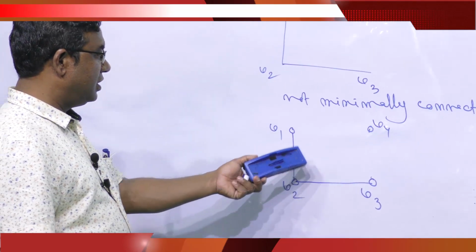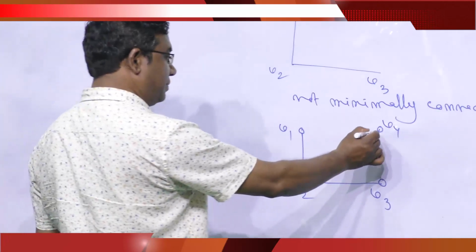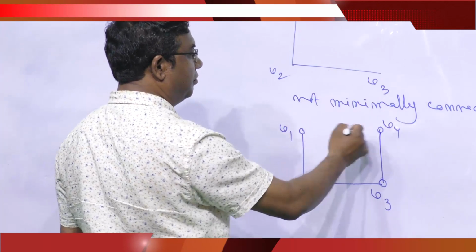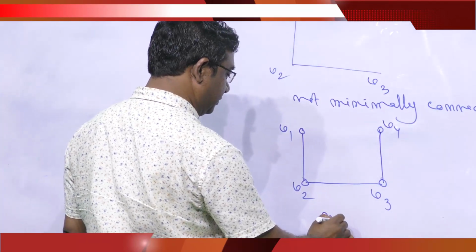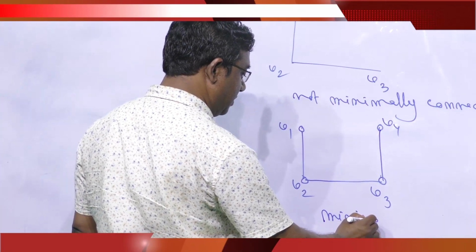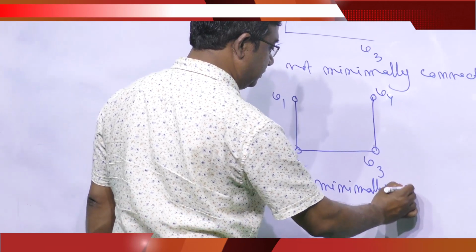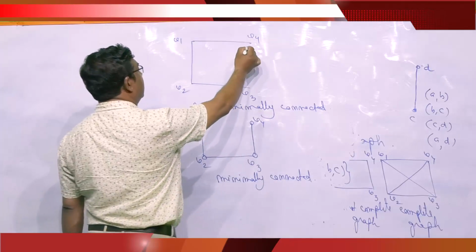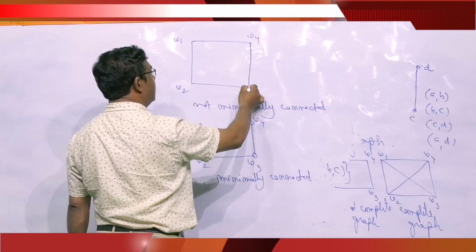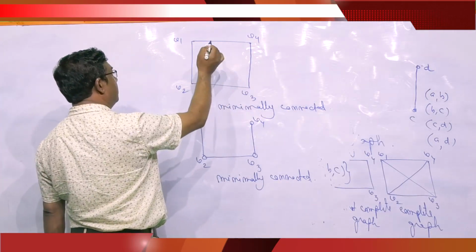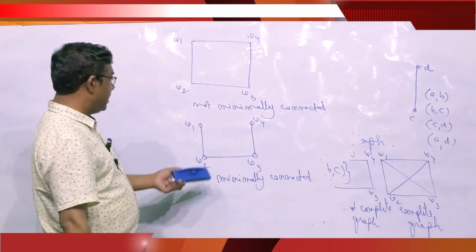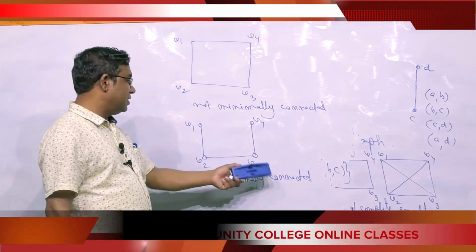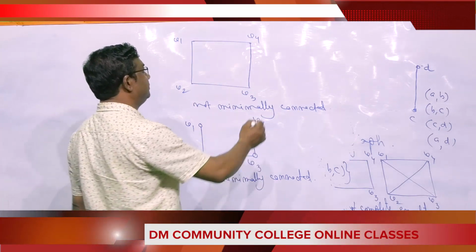So this graph is minimally connected. The previous one, the original graph, is not minimally connected. And if the graph is in this form, then this is minimally connected.